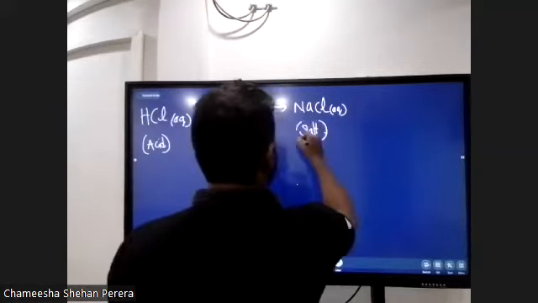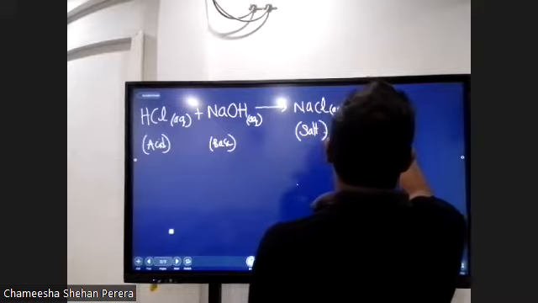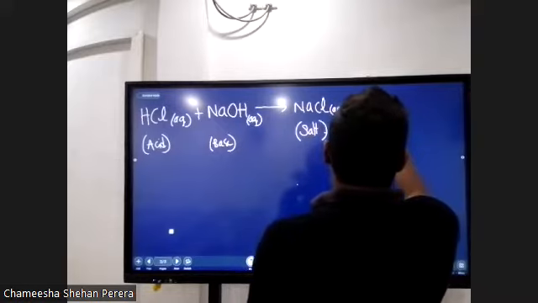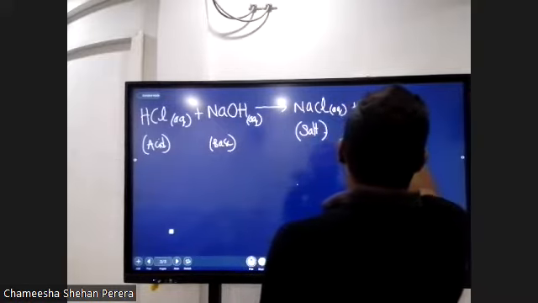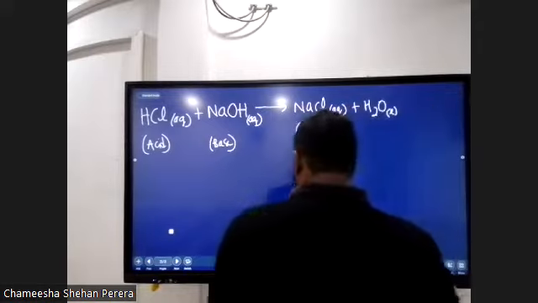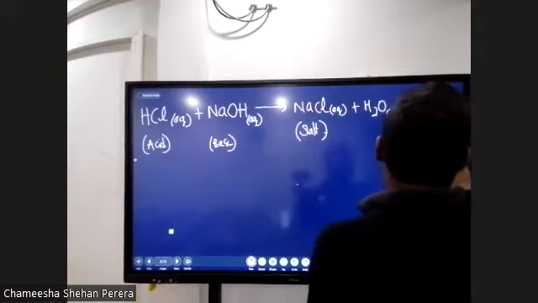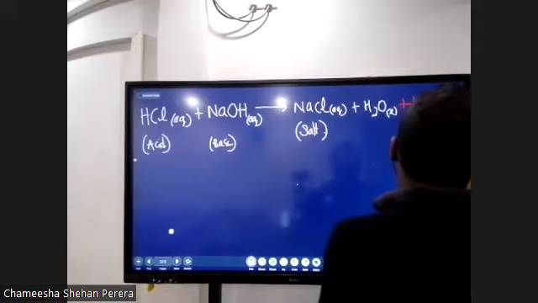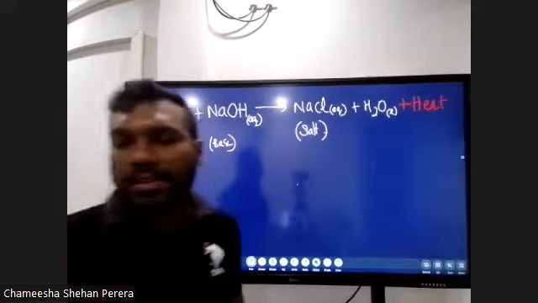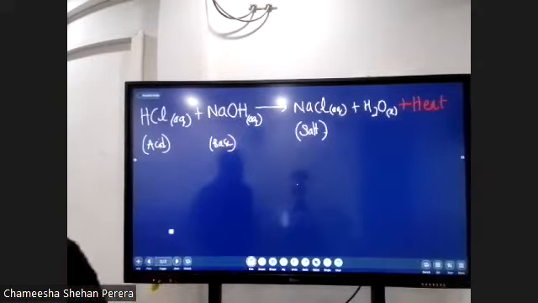And then water will be produced here, H2O, in the form of liquid. Meantime, heat is produced. This amount of heat produced in the reaction is the thing we are going to calculate here. Quickly write it.